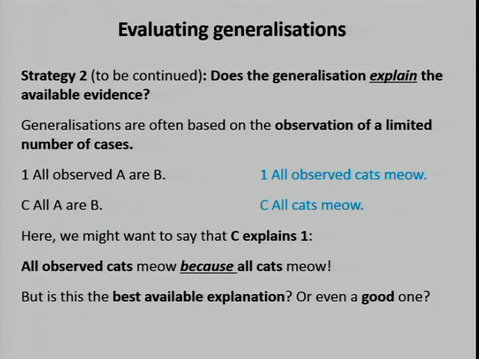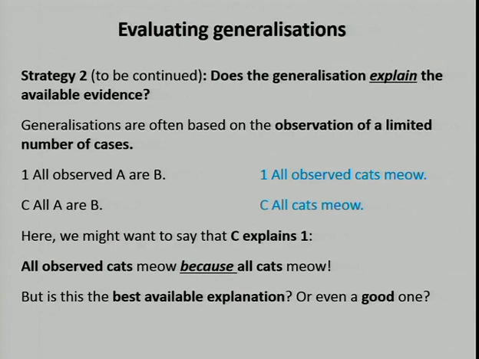So you turn it around. If the generalization were true, that would explain why all observed instances have been like that and not different. So that's an explanatory claim moving from the generalization to explaining the observation in the limited number of instances.